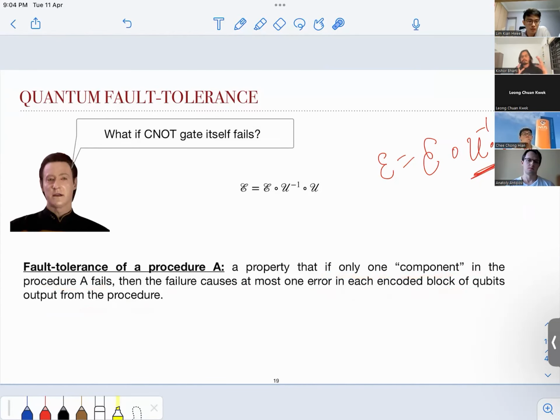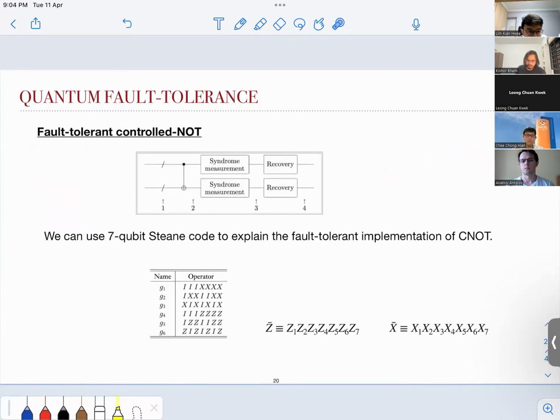So you will have some procedure, and we have different blocks. But every error that occurs should cause an error in at most one qubit of each block. If it causes errors in more than one qubit, then that's problematic. So let's look at, suppose we want to implement a fault tolerant C0.